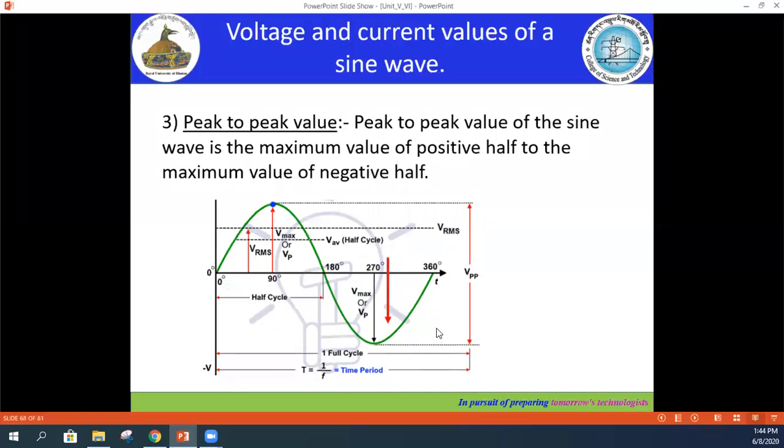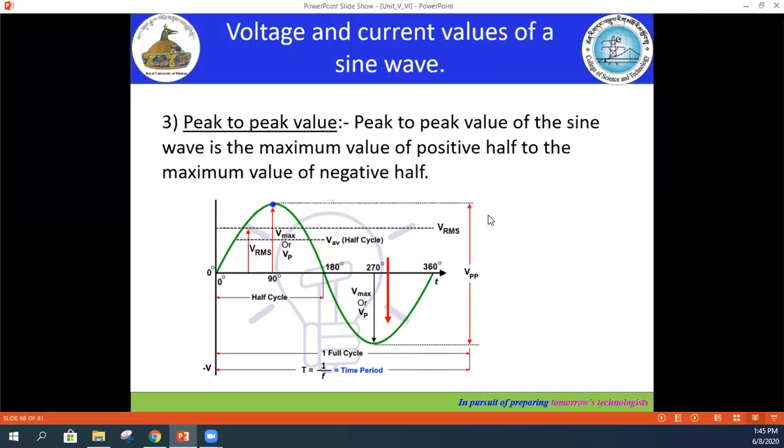Okay, now the third terminology that we are going to see is the peak to peak value. Now, if you measure the distance from the positive peak to the negative peak, then you will get a certain amount of magnitude. That one is called the peak to peak value. For example, in this waveform here at 90 degree, we have the positive peak.